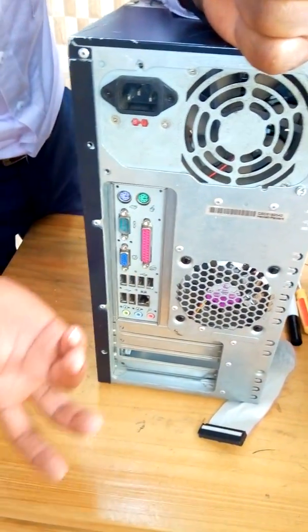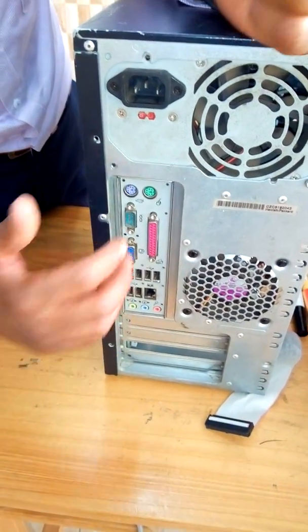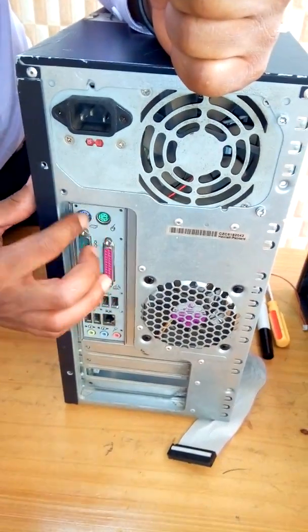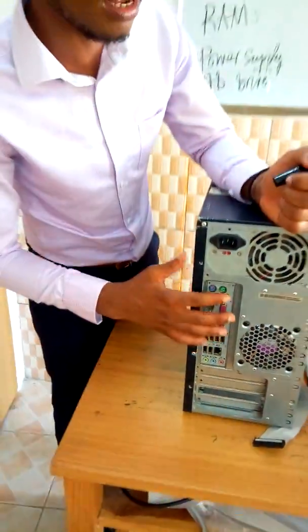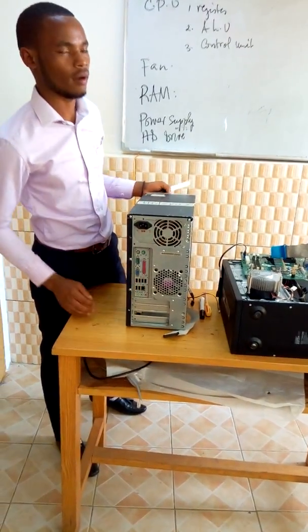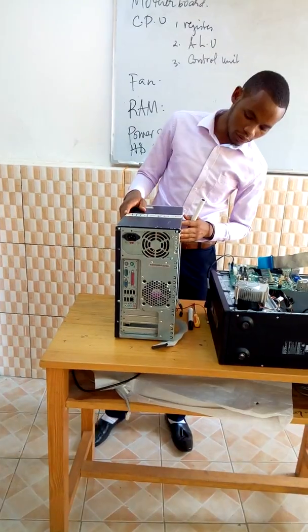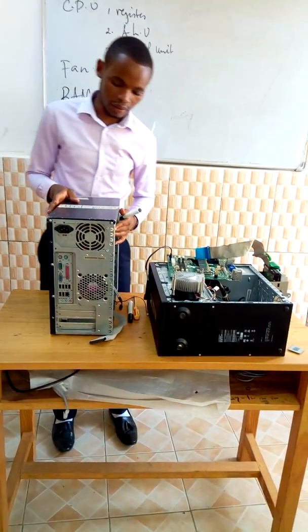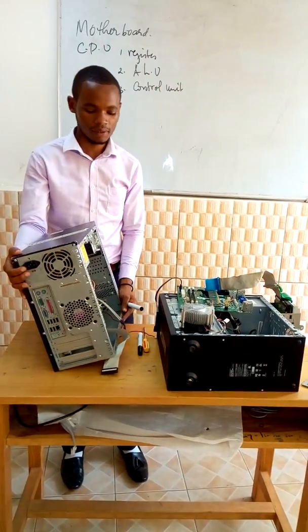This one is for example for connecting a game device to the computer. Here we have two ports: one is for the keyboard, another one is for the mouse, and finally we have the power port. So these are all the important devices and the ports.